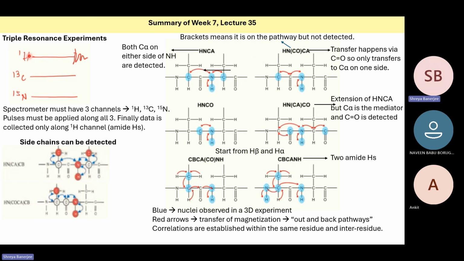So we have already studied the different kinds of 3D spectra in the previous classes. So we won't go into the details of that right now. This is just a kind of reminder that these triple resonance experiments that we have studied are used to assign the structures of long proteins consisting of more than 150 amino acids.